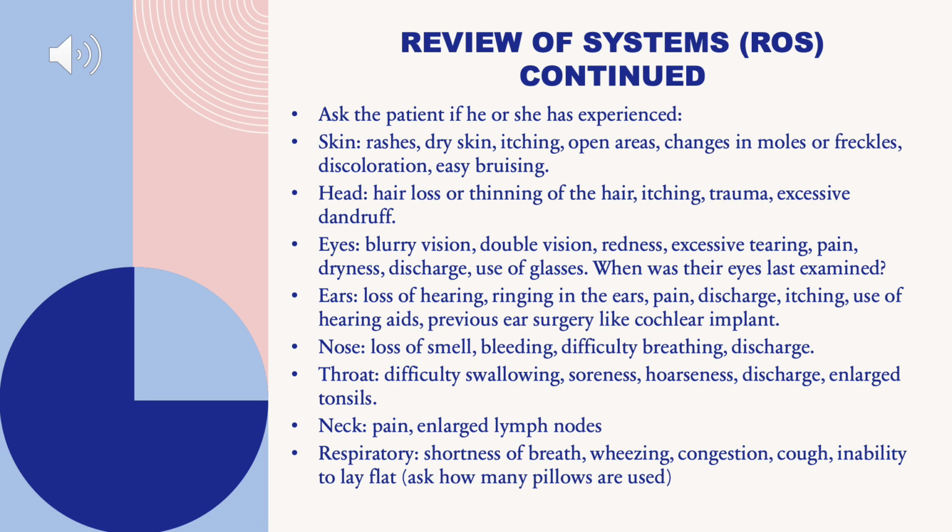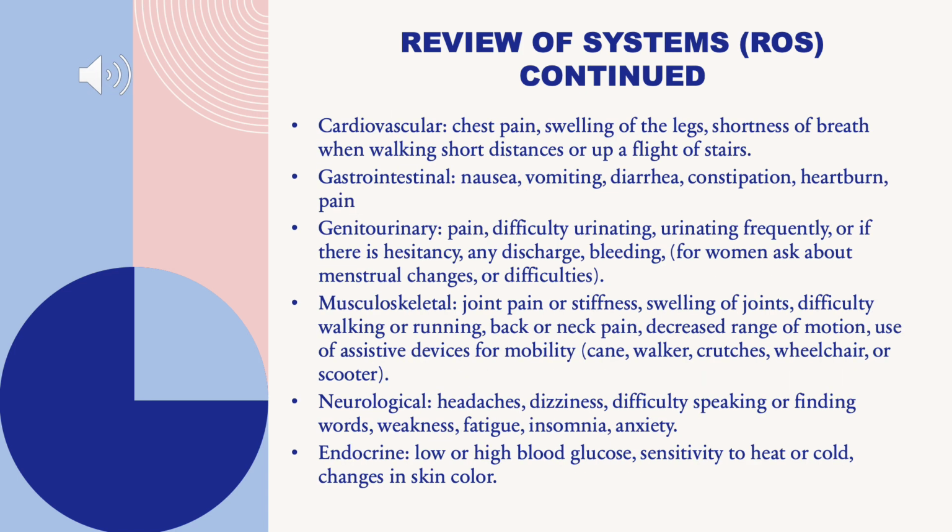And for the neck, if they've had any neck pain, enlarged lymph nodes. And for the respiratory, any shortness of breath, wheezing, congestion, coughing, inability to lay flat. And if they do have the inability to lay flat, then you would ask them how many pillows are being used. So we're going to continue with the review of systems in a different slide.